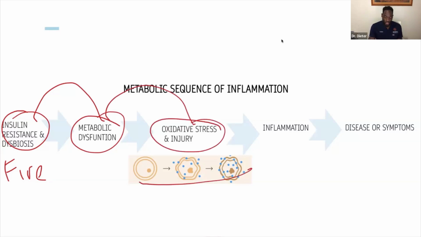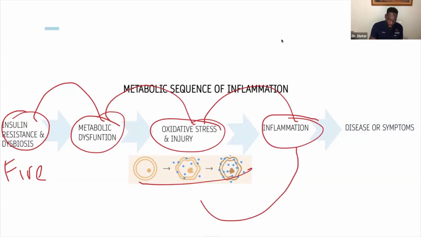Anytime a cell is injured, the cell is going to cry out to the immune system. The immune system's way of protecting the cell is to deploy an inflammatory response. It's coming to try to solve the problem in this cell.